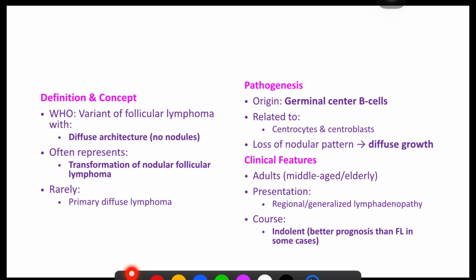Origin is from germinal center B cells, again related to centrocytes and centroblasts, but here there is loss of nodular pattern and diffuse growth, which is seen in histopathology only. Clinically, middle-aged and elderly adult patients commonly present with this lymphoma, with regional or generalized lymphadenopathy.